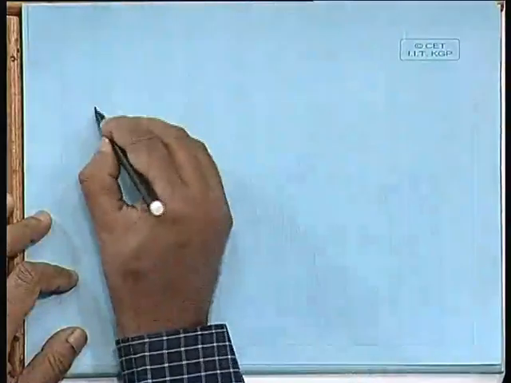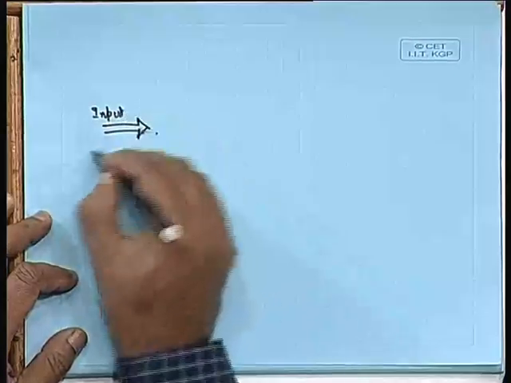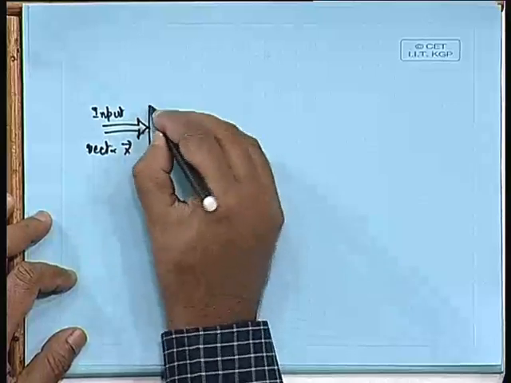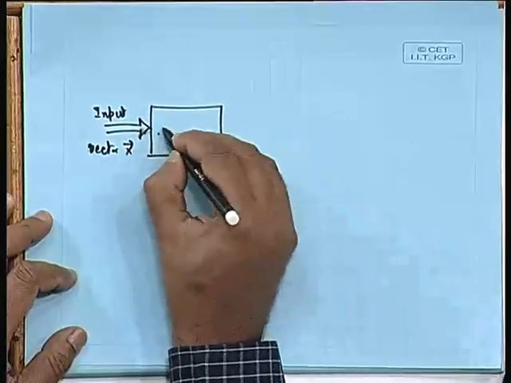So, we slightly change the encoder decoder model and introduce the noise. Let us say we have the input x vector, and then we have the encoder.